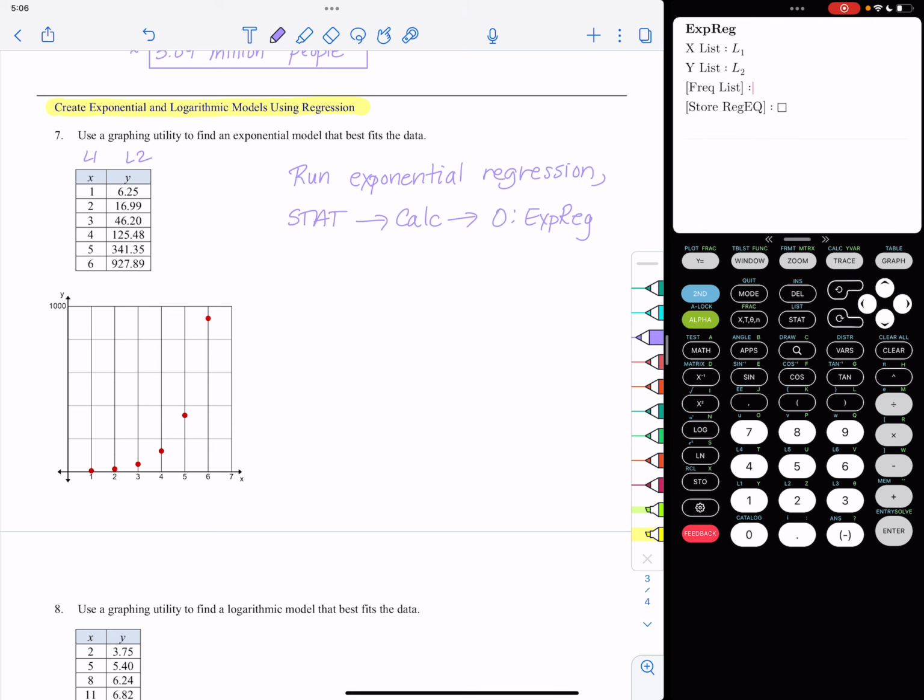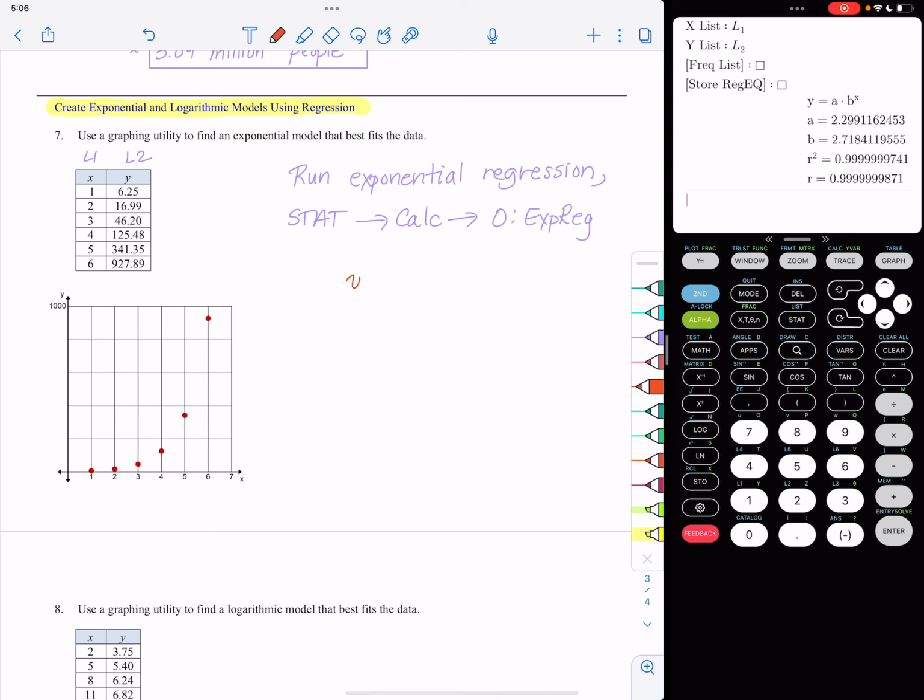And you can see that we have L1 and L2 with our X and Y data, and we are just going to press Enter. So as you can see, the calculator immediately gives us this function, which is y equals a times b to the x.